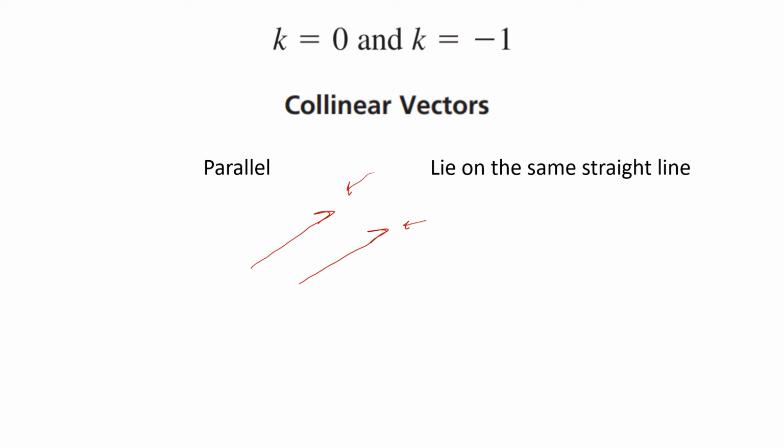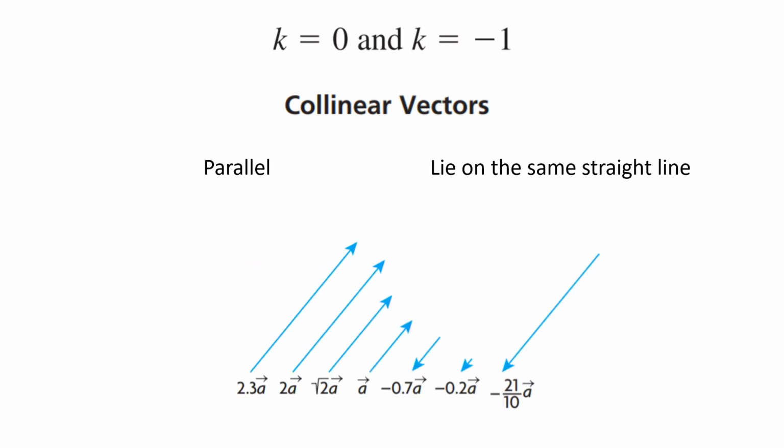For example, all lines over here are collinear. The magnitude doesn't matter. Collinear and identical are not the same thing. It just needs to be parallel and lying on the same straight line.